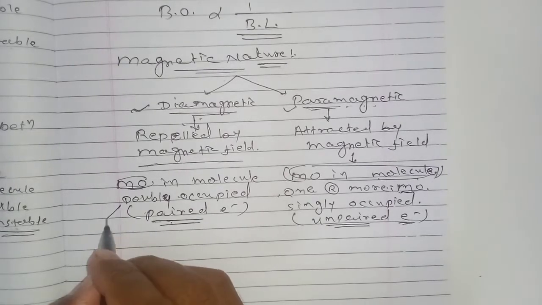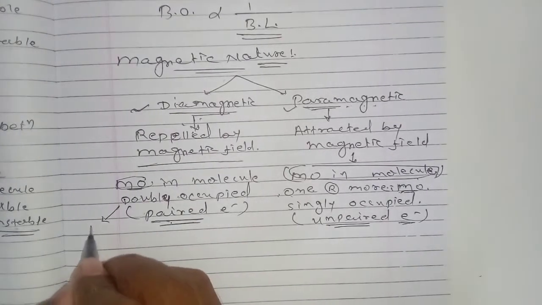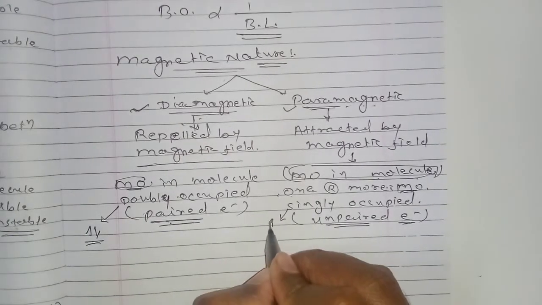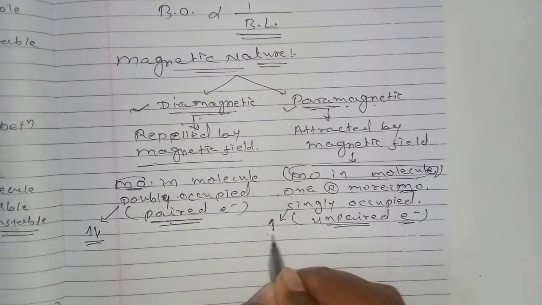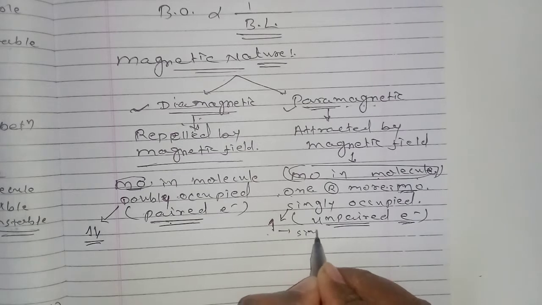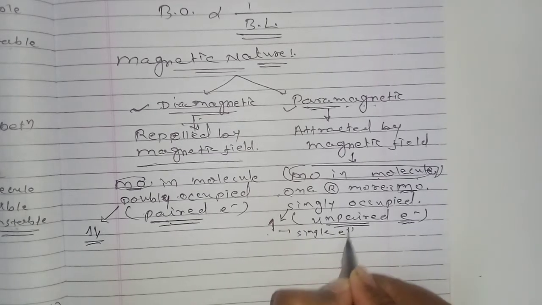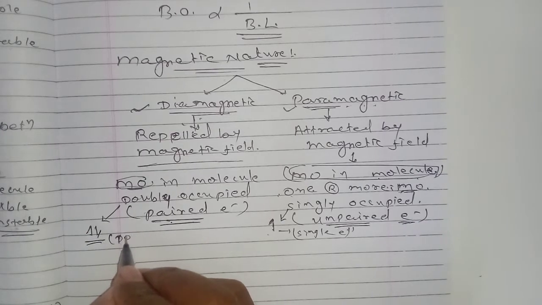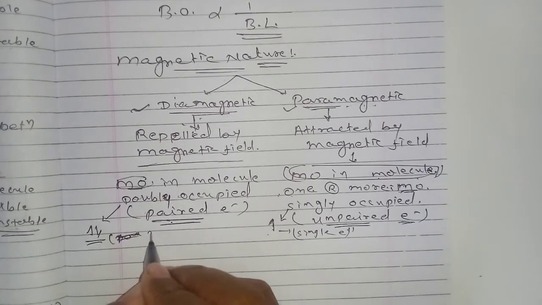Doubly occupied means paired electrons, and singly occupied means a single electron.